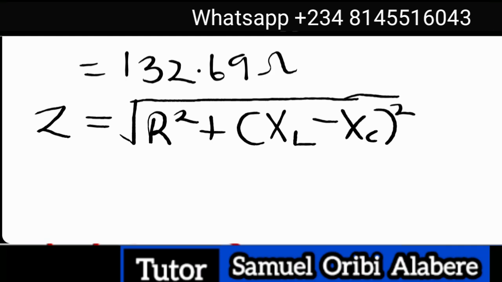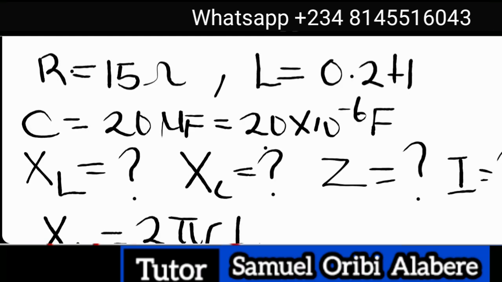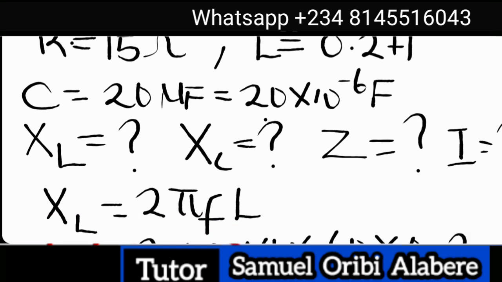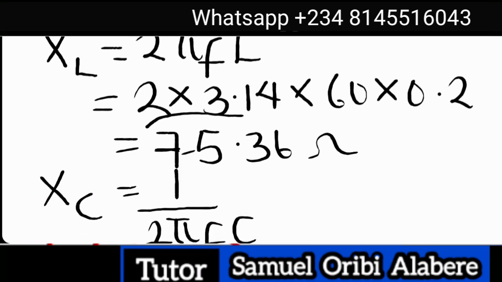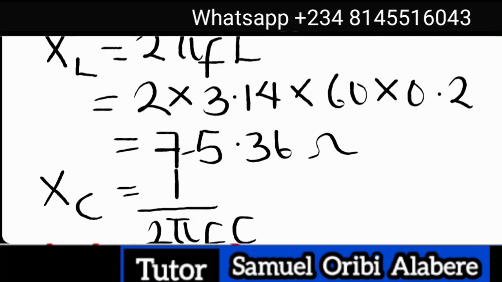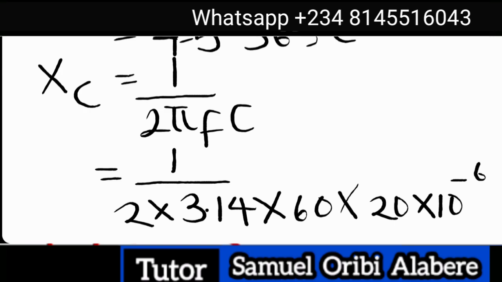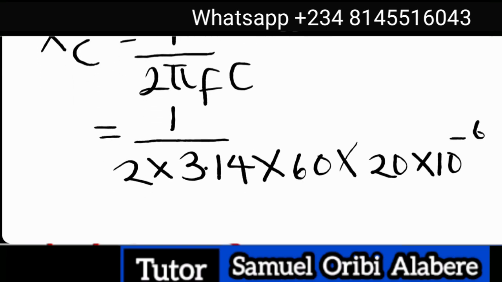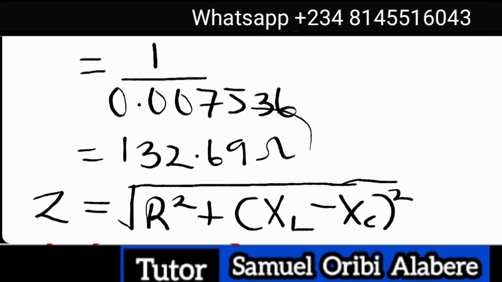This is the formula for the impedance of a circuit. Our value of R from our question is 15 ohms. Our inductive reactance is 75 ohms, which we have here. Then our capacitive reactance is 132.69 ohms, which we have here.